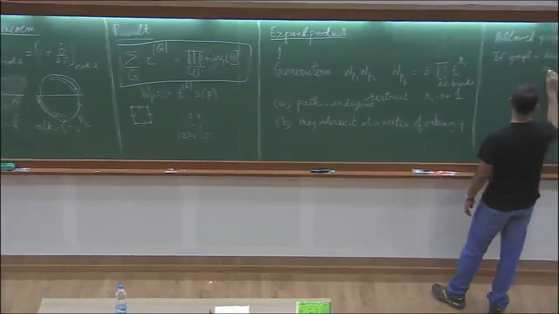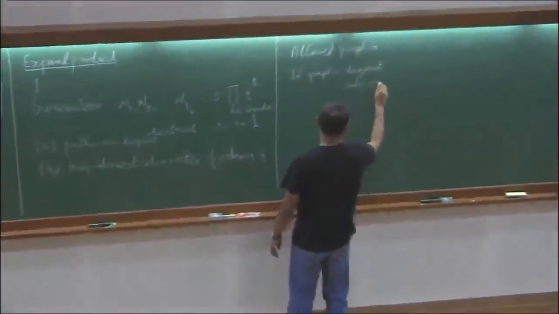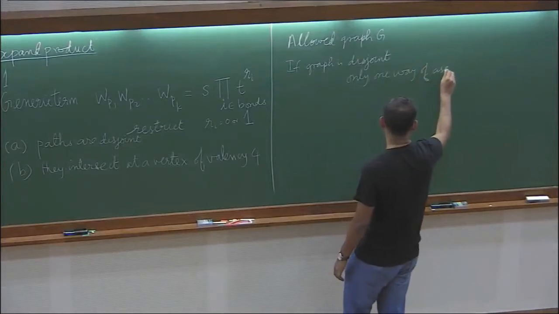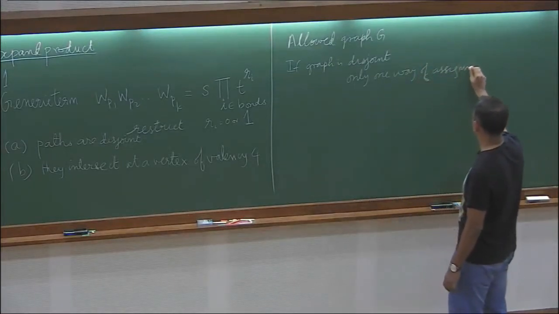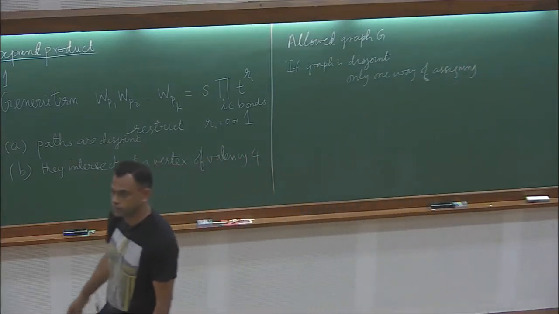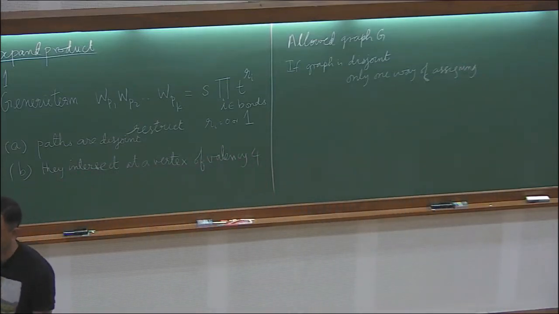When I say one way, of course there are two ways of putting the arrows, but we are going to think of the terms of this kind where I don't look at the inversion.